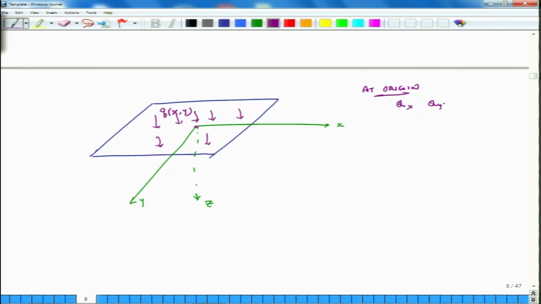So, we are just putting force resultants in the z direction, only z direction related components, not x and y related components, because they do not matter if we are trying to find equilibrium in the z direction.